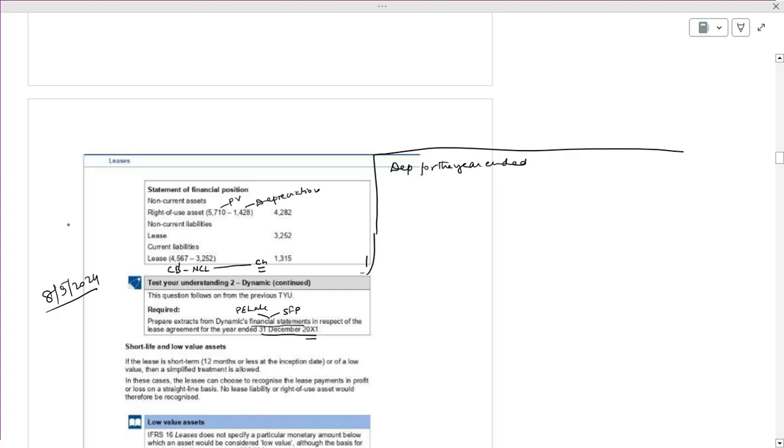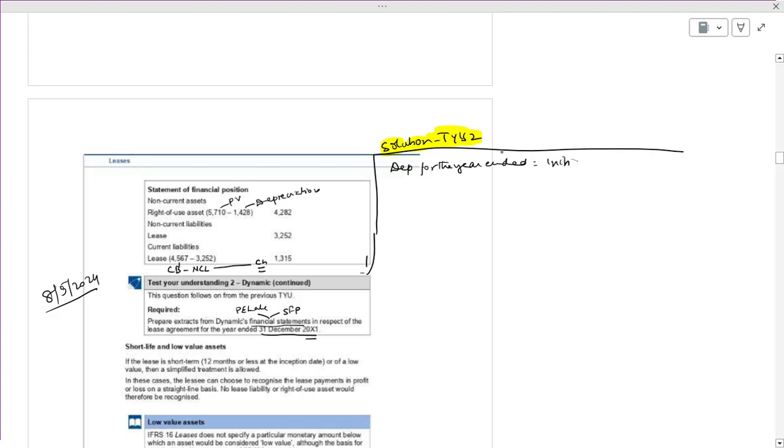This is the solution for test your understanding 2. Step 1 is depreciation for the year.